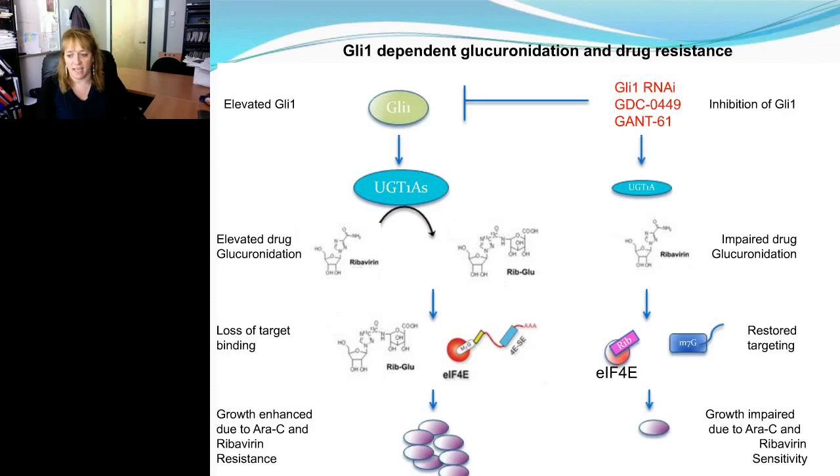If we use any of the strategies to inhibit GLI1, either RNAi, GDC0449 or vismodegib, or the direct transcriptional binder GANT61 that directly binds the GLI1 protein, all of these will cause a reduction in UGT1 levels. We no longer see the ribavirin glucuronide. We have restored targeting of ribavirin to 4E, and now we have growth impairment.